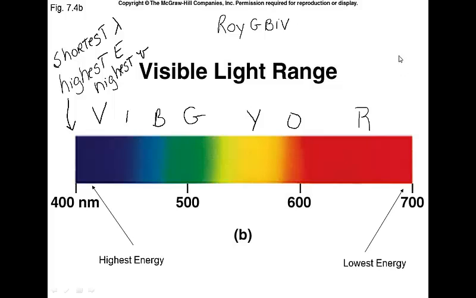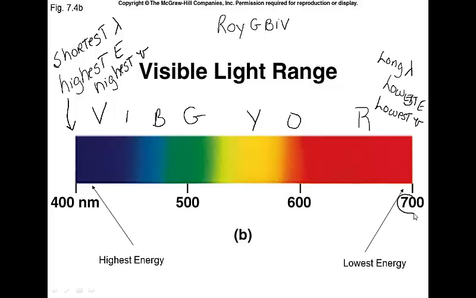The red part is your lower energy, lowest energy, your lowest frequency, and your long wavelengths.